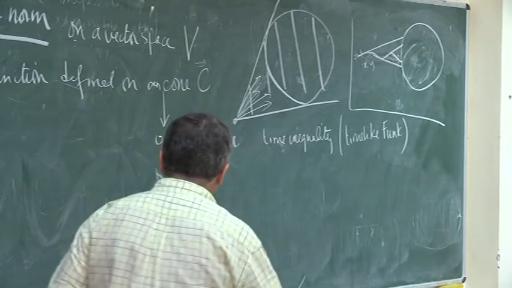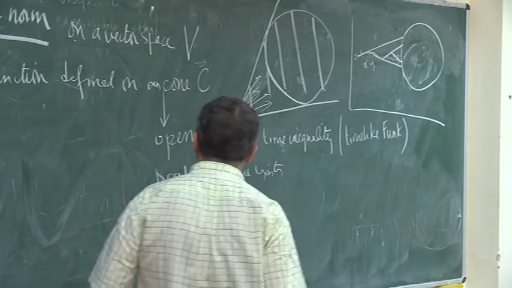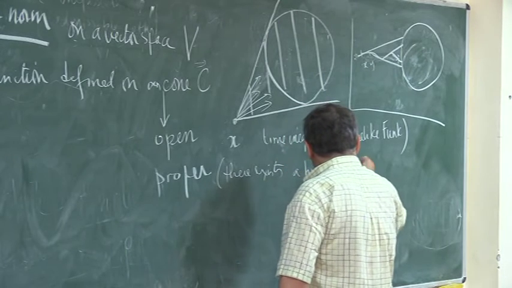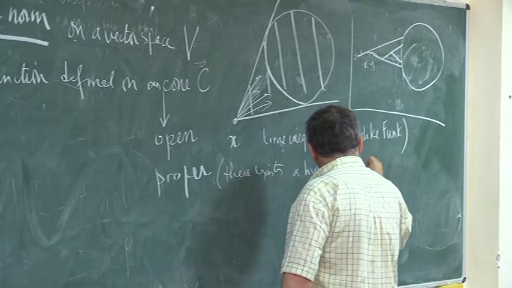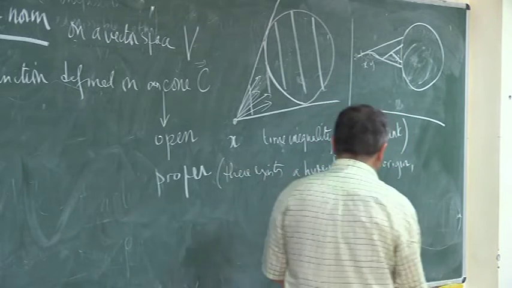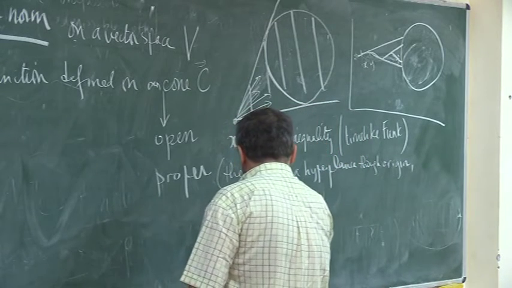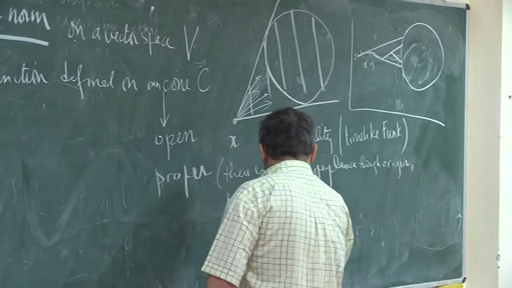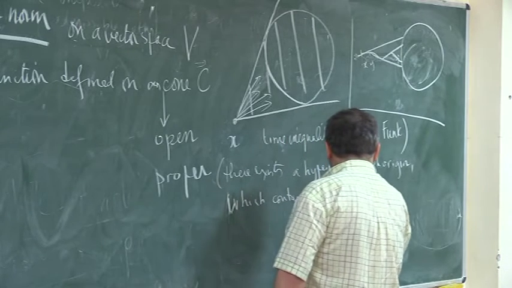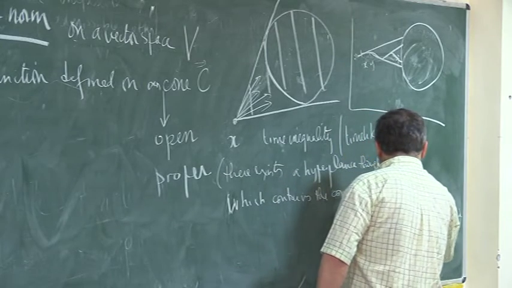Proper cone means there exists a hyperplane through the origin which contains the cone in one of its sides.